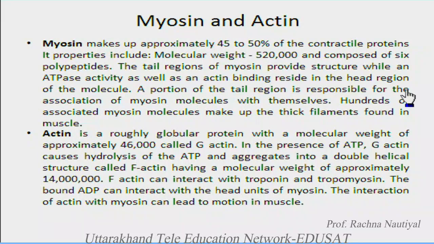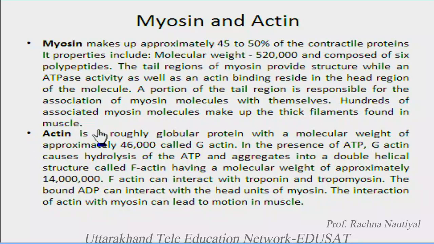Its properties include a molecular weight of 520,000 and it is composed of 6 polypeptides. So how complicated it is, that 6 polypeptide chains form the myosin molecule.